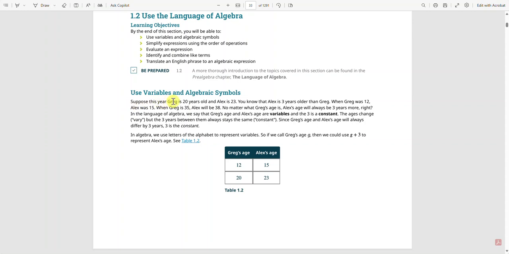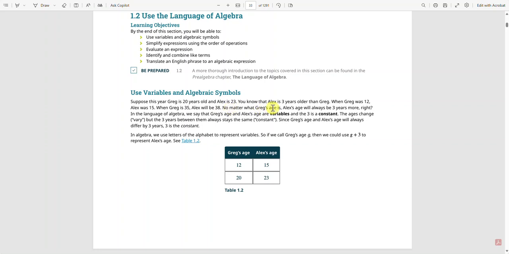Suppose this year Greg is 20 years old and Alex is 23 years old. You know that Alex is 3 years older than Greg. When Greg was 12, Alex was 15, 3 years older. When Greg is 35, Alex will be 38, 3 years older.